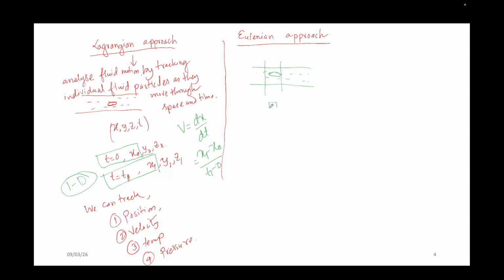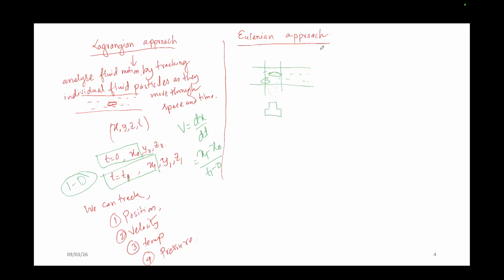In this region a lot of particles can flow. Initially a wooden block can flow, and after a few moments a leaf or a water bottle can flow over this region. Here our main motto is only the specific region, not the particle. That type of approach is known as the Eulerian approach.